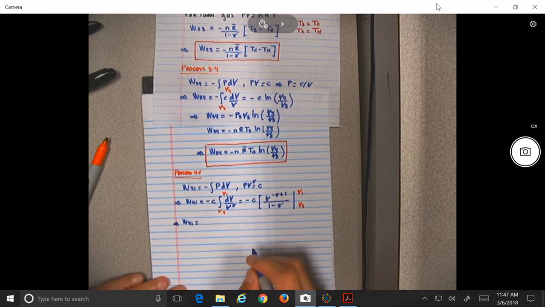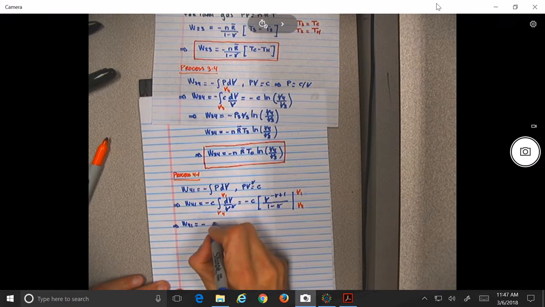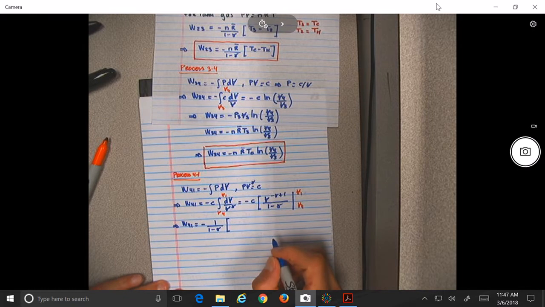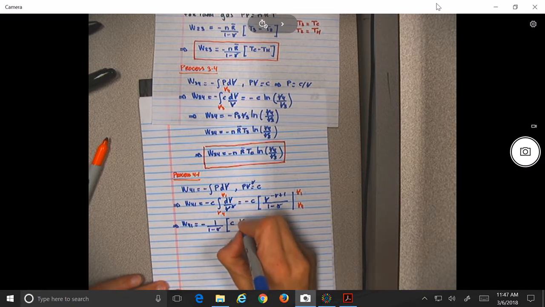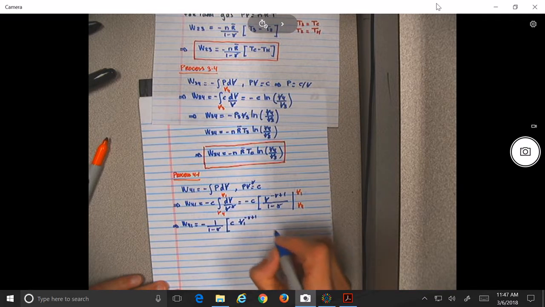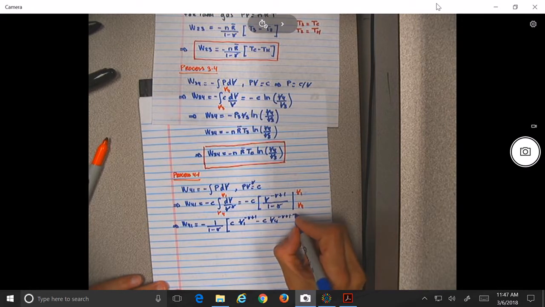Work 4, 1 equal to minus 1 over 1 minus gamma. I start going a little bit faster. Equal to what? C V1 to the minus gamma plus 1 minus C V4 to the minus gamma plus 1.